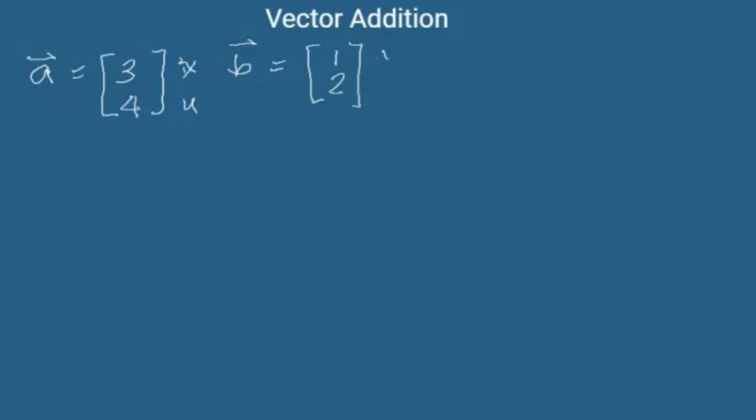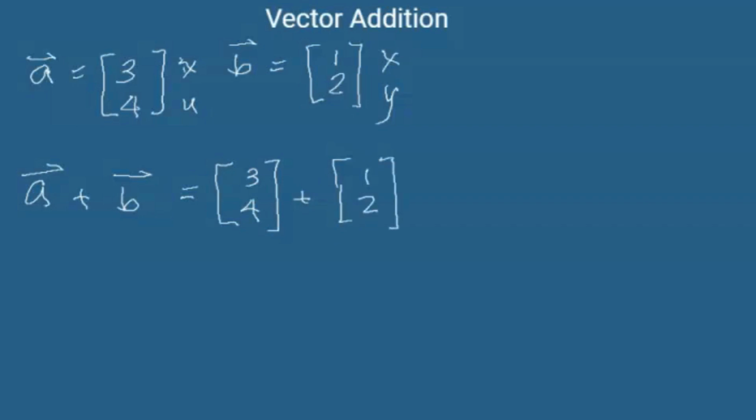Okay, so what we do is, let's put the notation. So vector A plus vector B is just equal to your x and y components. So what we do here is we just add the components.